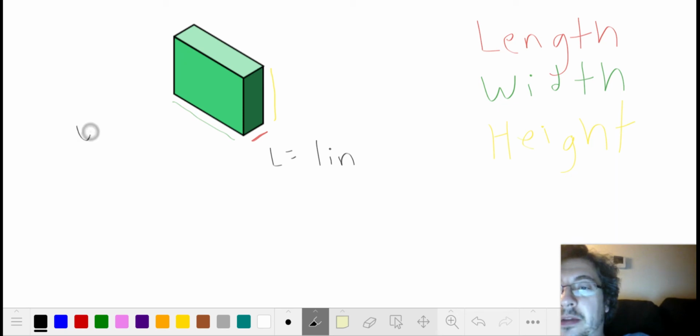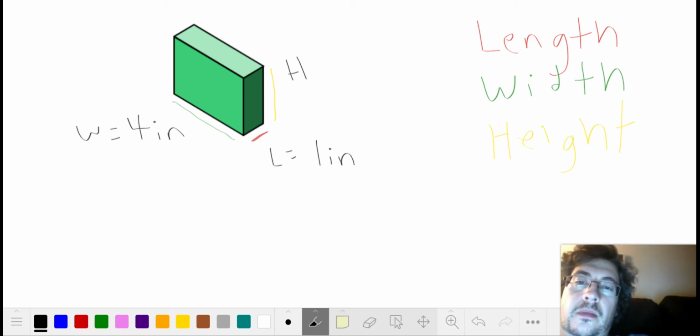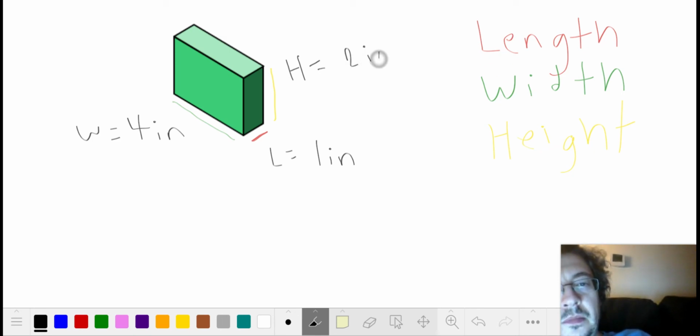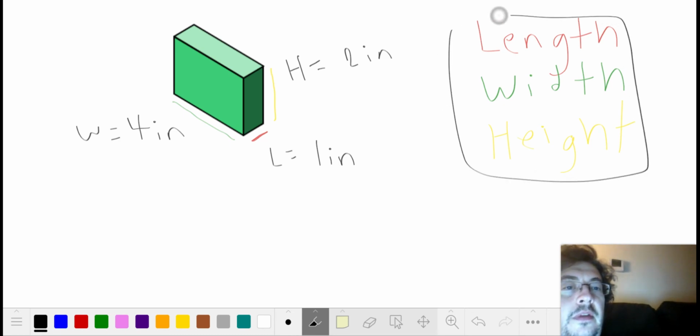Let's say the width is 4 inches. And then we'll make the height 2 inches.